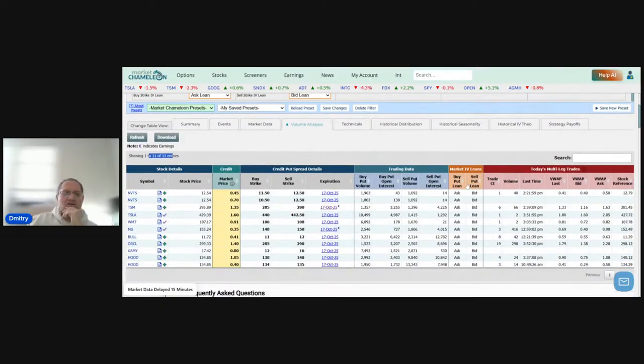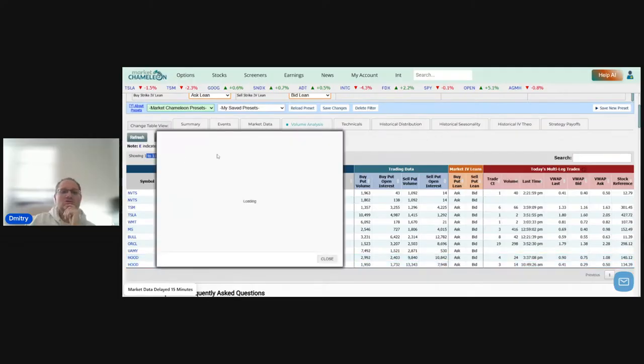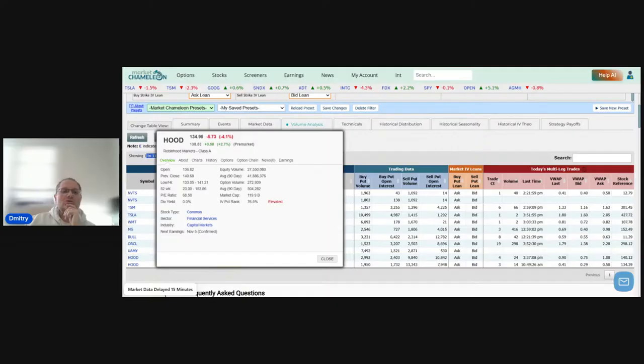What we did here was, this is only looking at October 17th, but we have 11 entries here showing up where there's volume going on. We're looking at a put spread. I think this is Robinhood, right? So this is Robinhood.